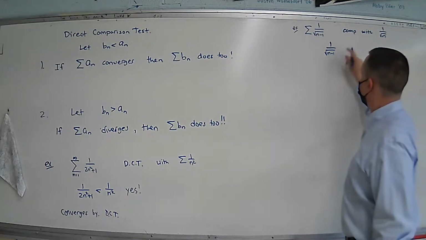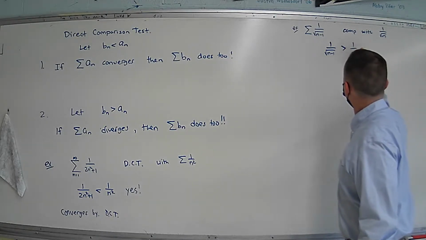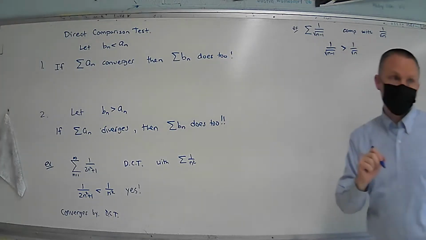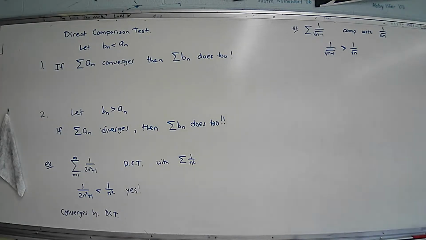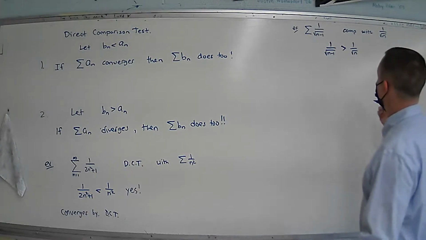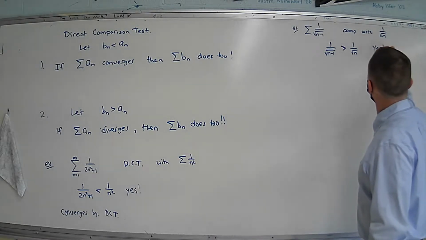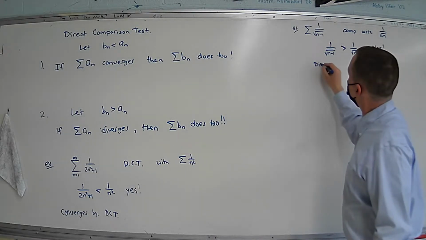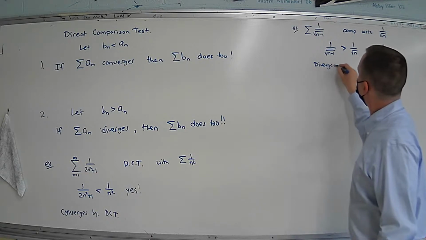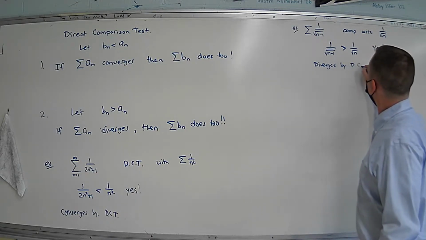So is this greater than that? Is one over radical n minus 1 greater than one over radical n? And if you compare the denominators again, the denominator on the left is smaller, which means that the resulting fraction is bigger. So the answer to this is yes. So it diverges by the DCT.